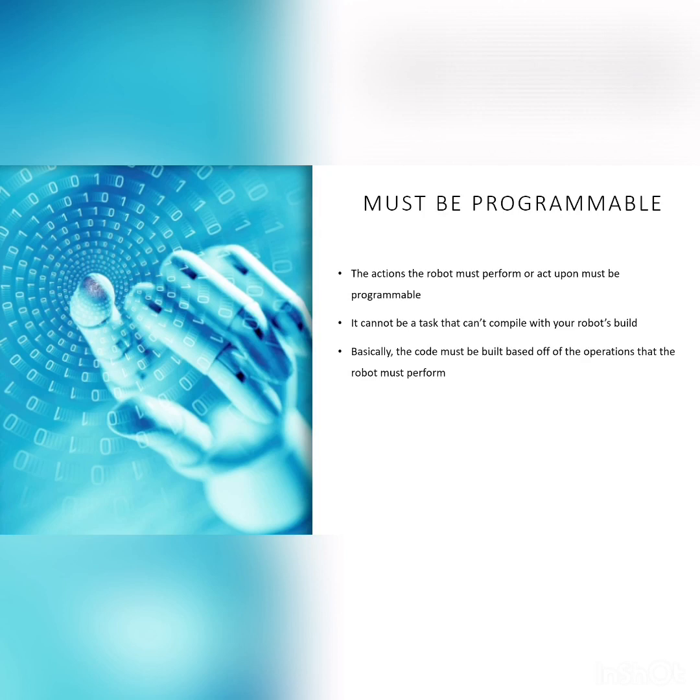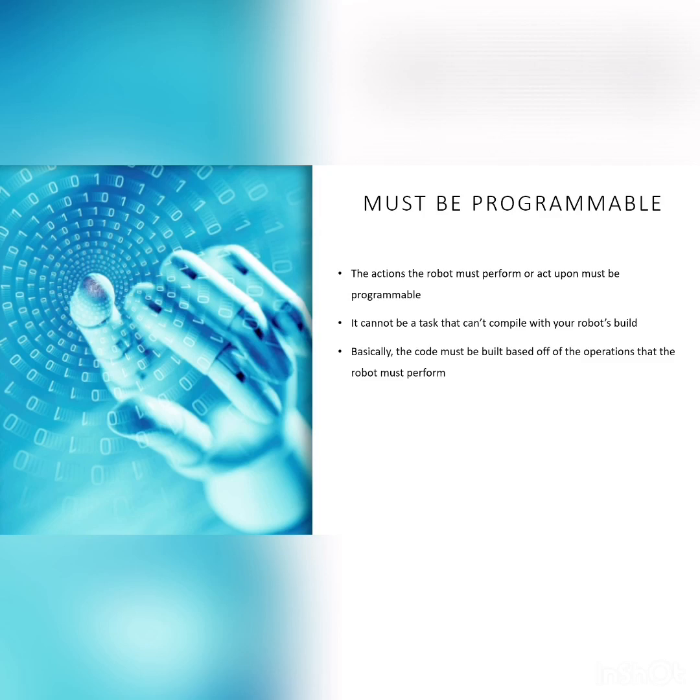Next is must be programmable. The actions the robot must perform must be programmable. It cannot be a task that cannot compile with the robot's build. For example, if you write a program for a robot to go to Mars, but you just have, let's say, a Roomba, and you want to program it to go to Mars.